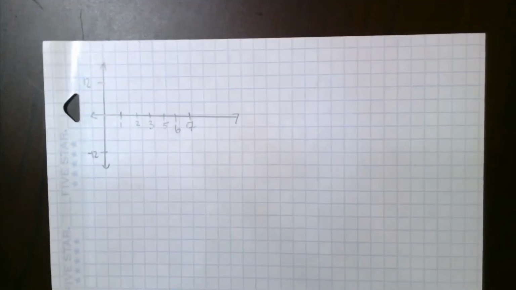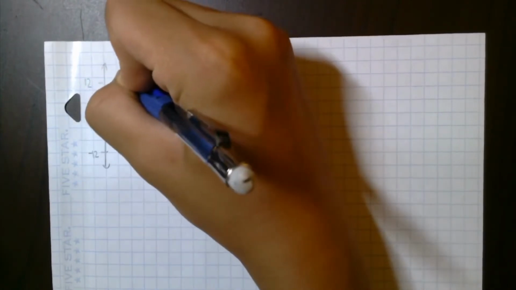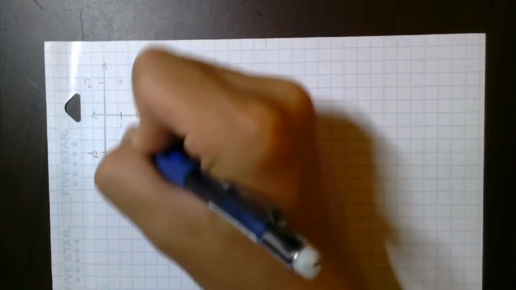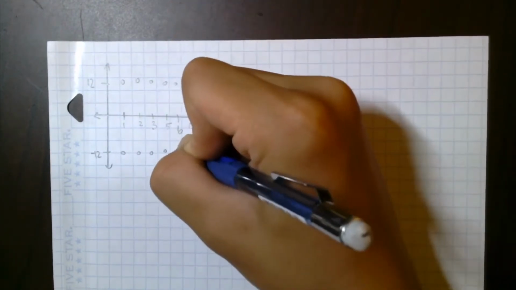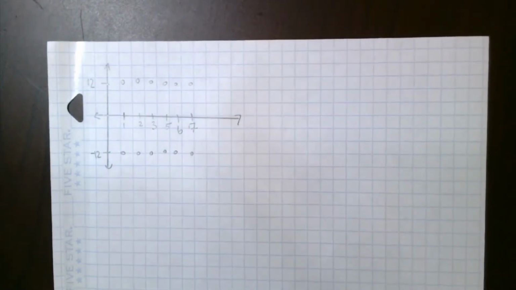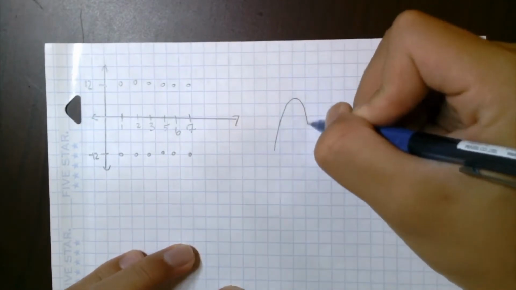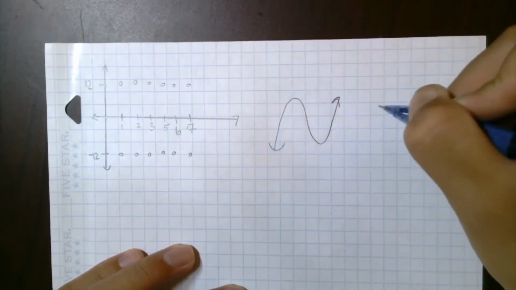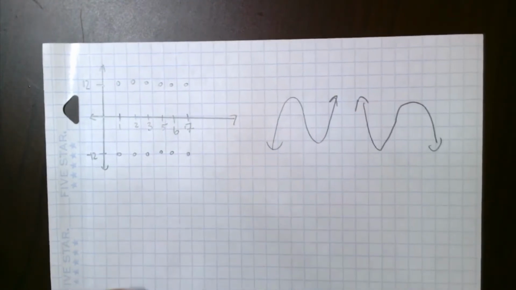Given the problem statement, each of these points can only return 12 or negative 12 as the answer to f of x. And then we know that the shape of a third degree polynomial has to look like that or like that, which are pretty much the same in themselves.